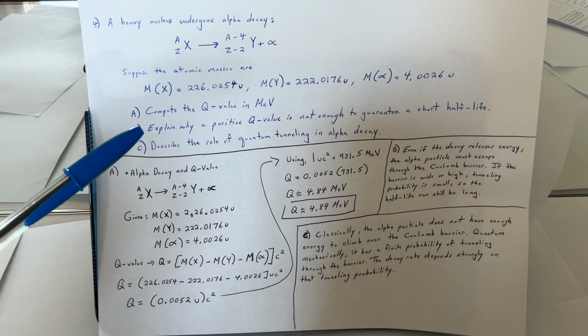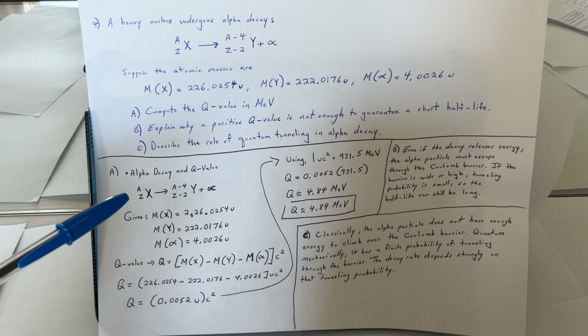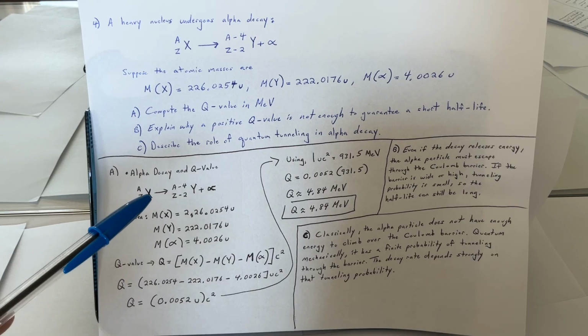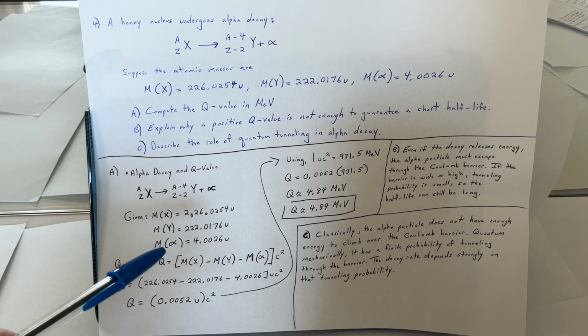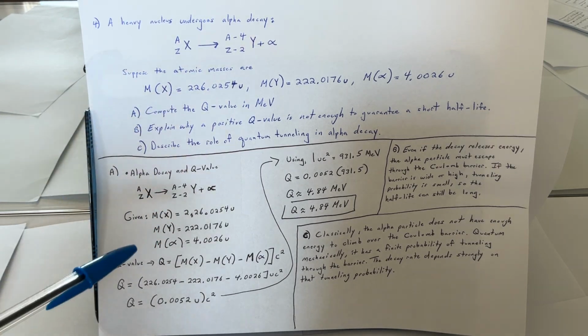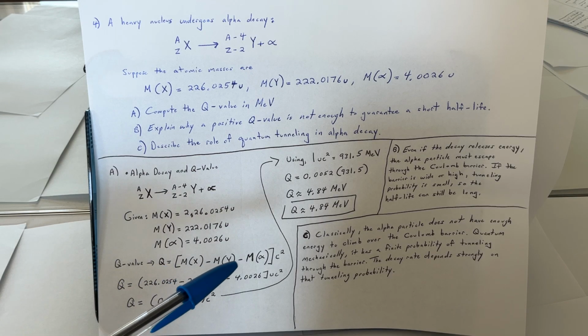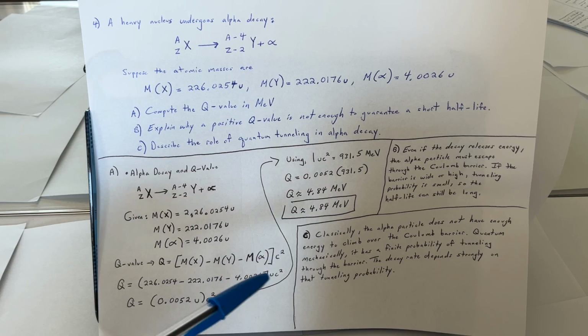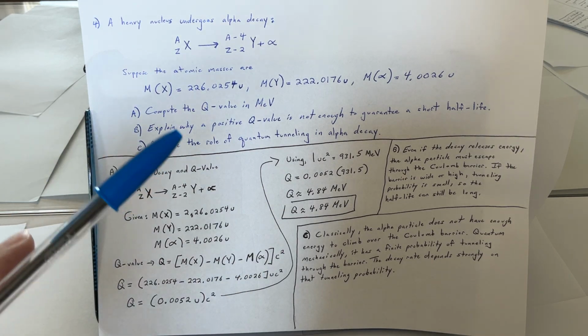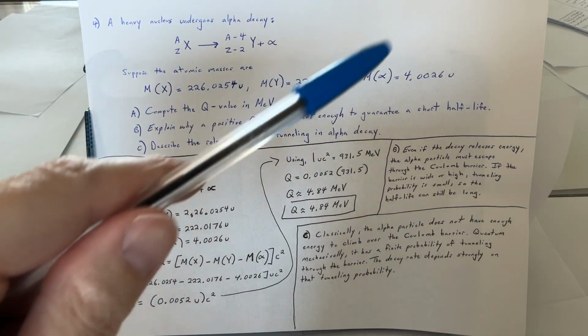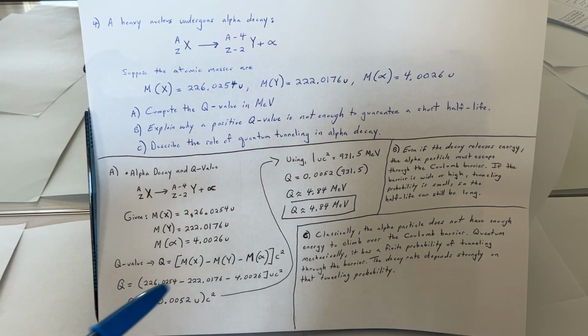This is an alpha decay and Q value problem. Here's what we were given in regards to that relationship. Now our Q is going to be the bracket M of X minus M of Y minus M of alpha, close bracket, times c squared. We plug in these values and factor out the u.